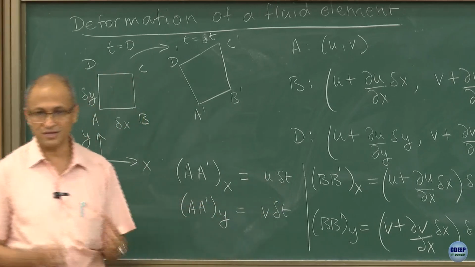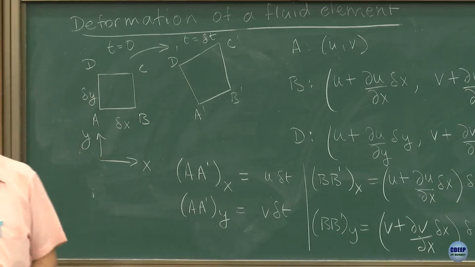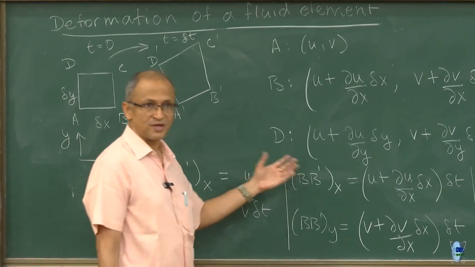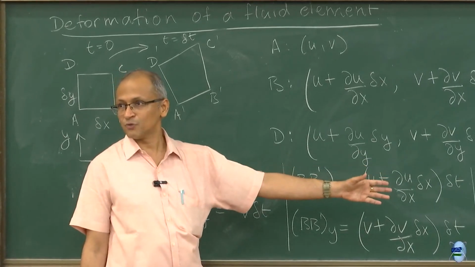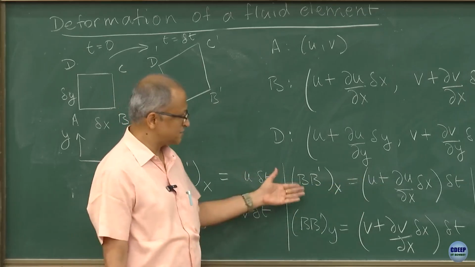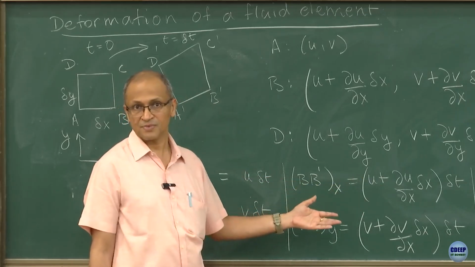This is how my point A is moving. I should have something similar for the other points as well, B, C, and D. Can we identify that?